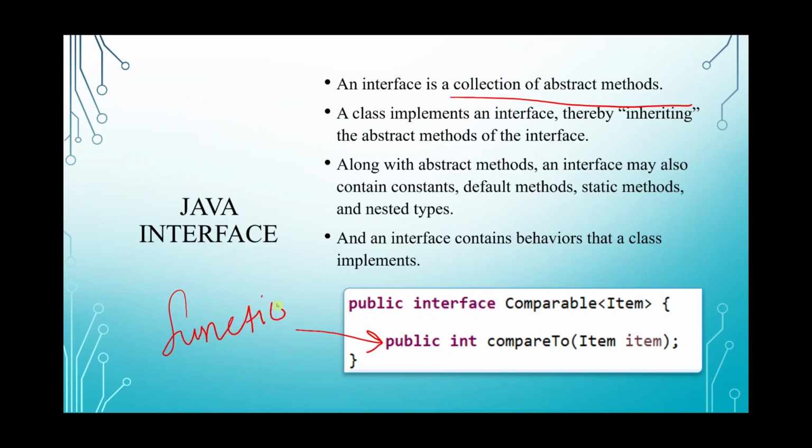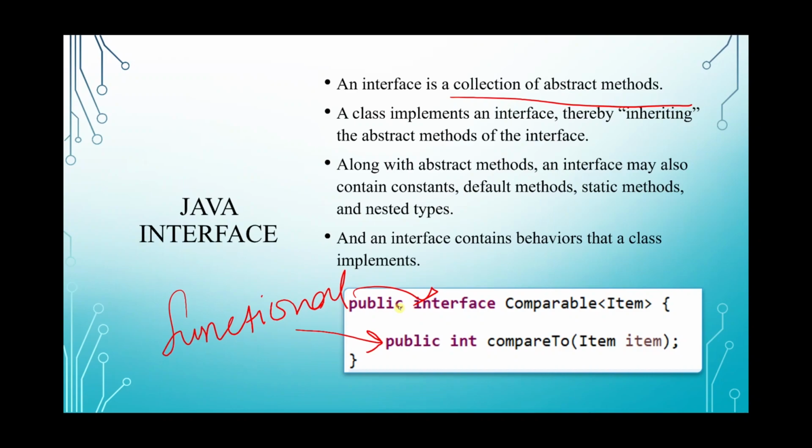We are going to talk about them when we get to anonymous classes, lambda expressions, all these things. And we have another kind of interface, including more than one abstract method.